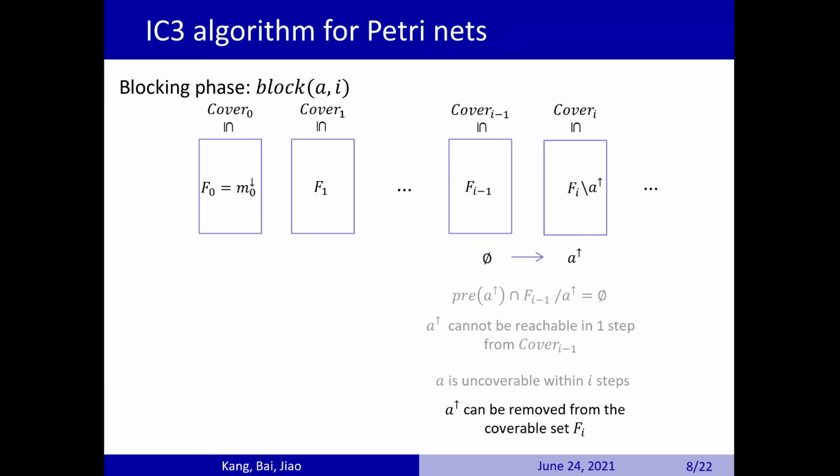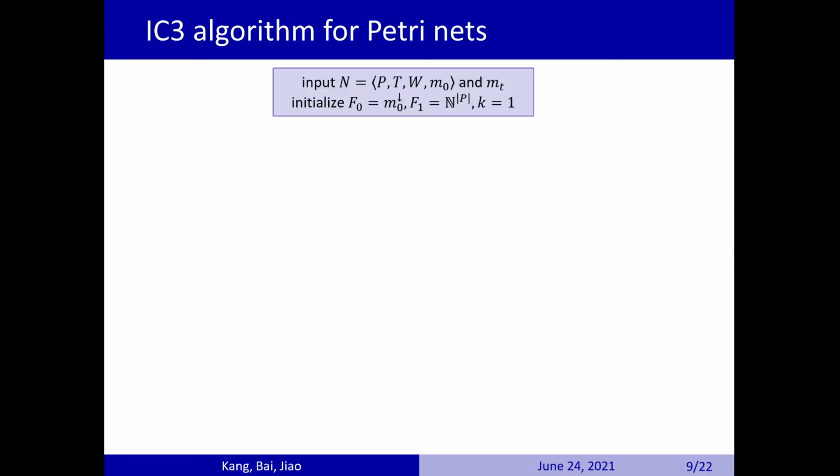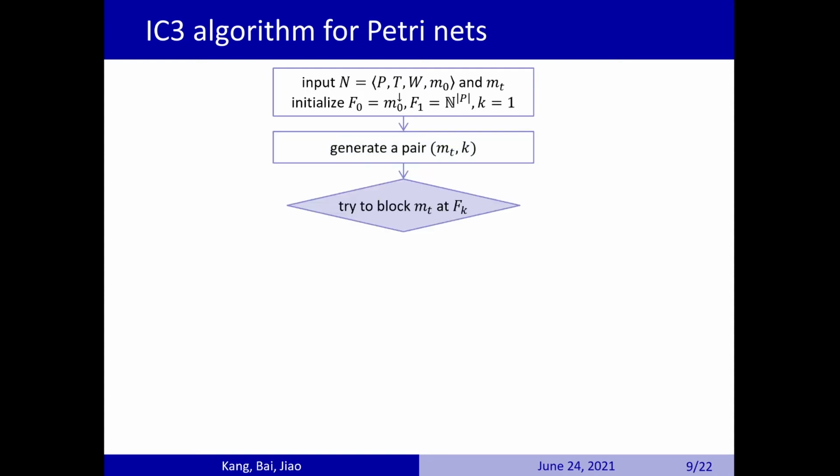Then I will briefly state the structure of IC3 for Petri nets. Input a Petri net and a target marking. IC3 initializes F0 with the downward closure of the initial marking and adds a new frame F1, which is initialized with the set of all markings. IC3 generates a new pair (MT, k) and tries to block MT at Fk.